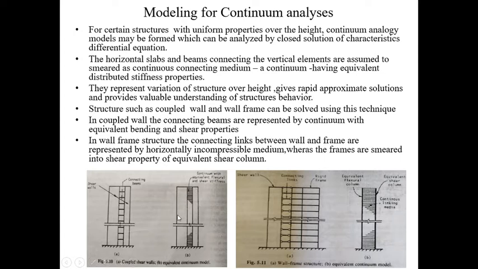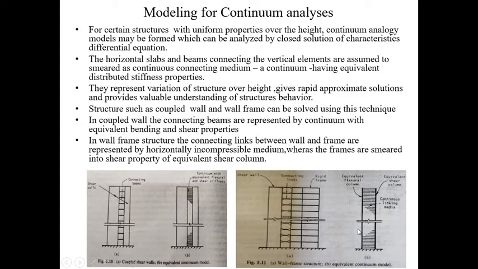Then this can be applied to structures such as the coupled wall, and also the wall frame. Here you can see a shear wall in the second case, and here is a rigid frame, with connecting beams or connecting links. When we go for the equivalent continuum model, here it is shown.